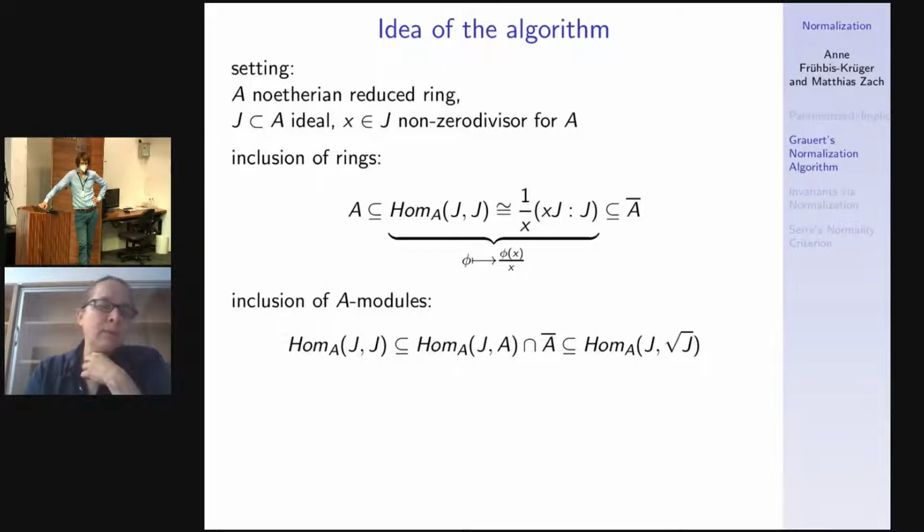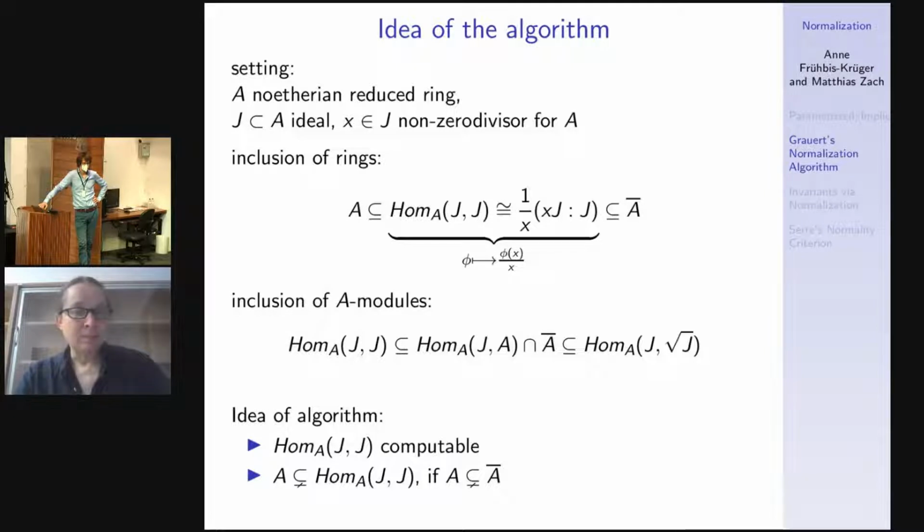Because if we take J in the beginning to be a radical ideal, then we have the same thing on both sides of the chain of inclusions. That is, we have a tool to also compute the A-homomorphisms from J to A intersected with the normalization of A.